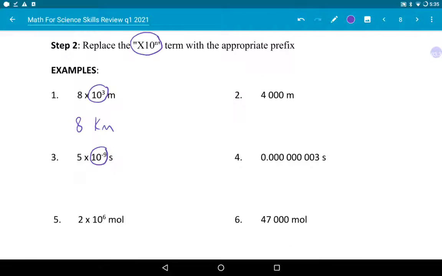So it's going to be 5 ns, so 5 nanoseconds. Let's say you're reading a physics or chemistry textbook and you come across 5 nanoseconds. If you don't understand what a prefix is, you wouldn't know what value that number has. So it is important to understand this.